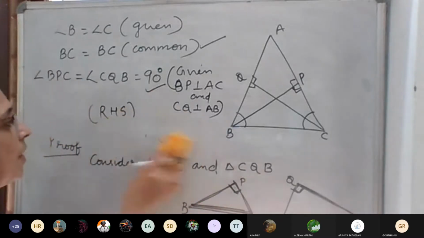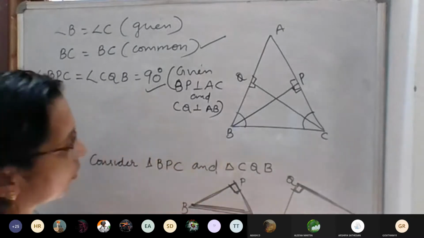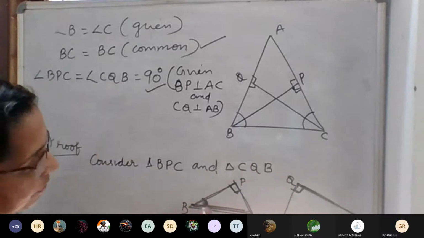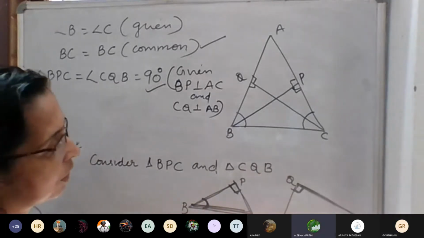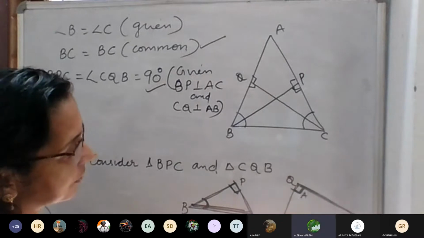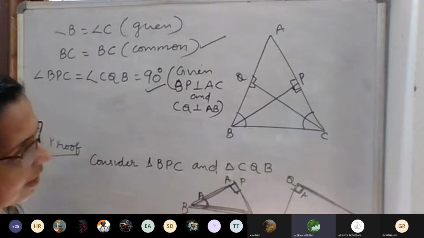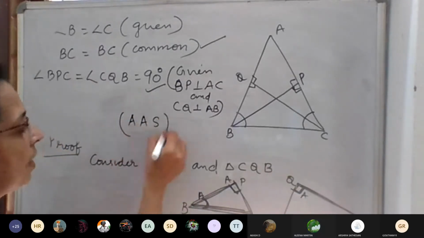So which reason can we write? These two triangles will be congruent using what? Side BC, and one angle. Using AAS, we can say these two triangles are congruent.